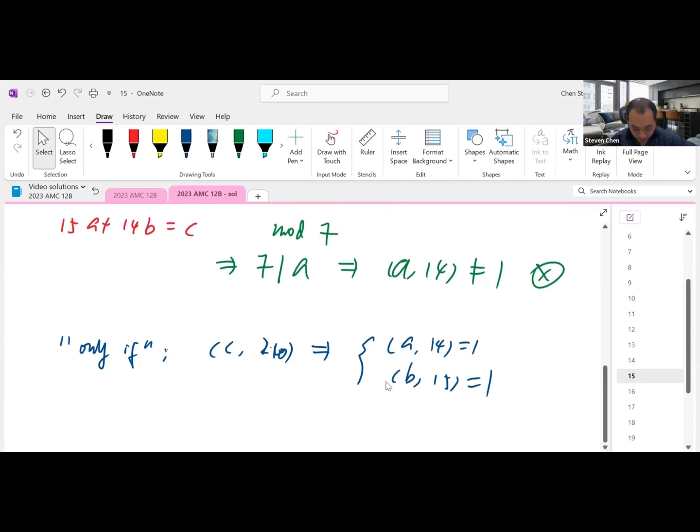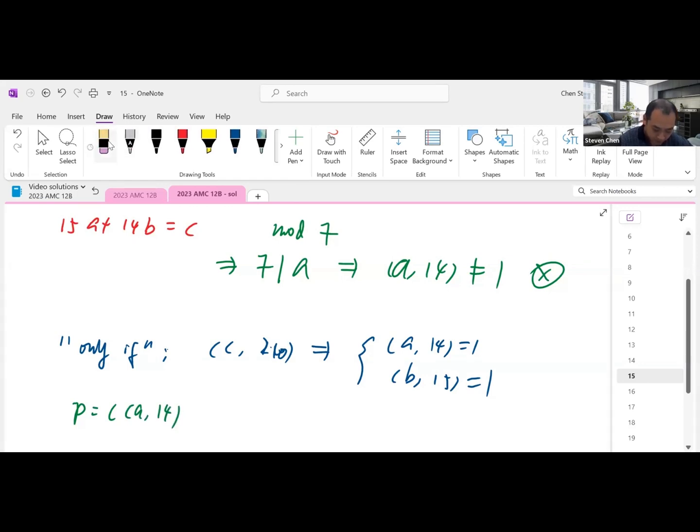All right. So how to prove this result? Well, let's do it in this way. Suppose, let me say, P is denoted as the GCD of A and 14.